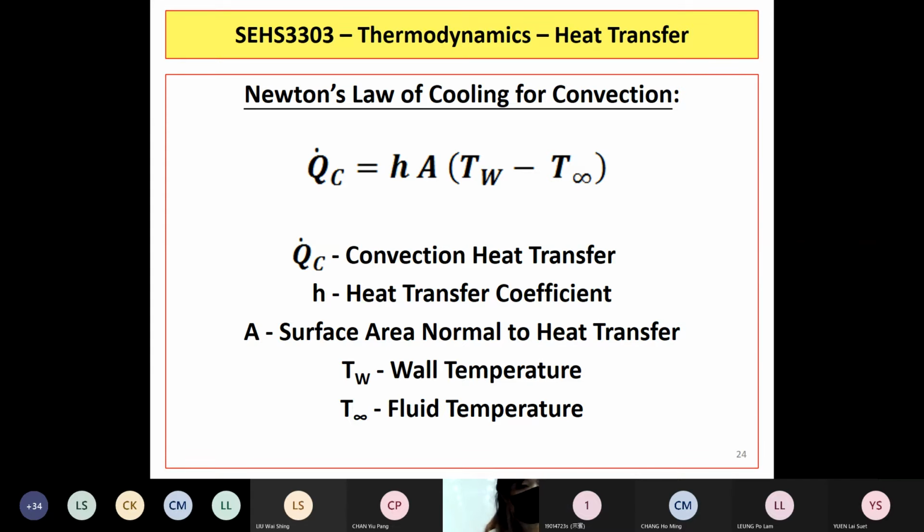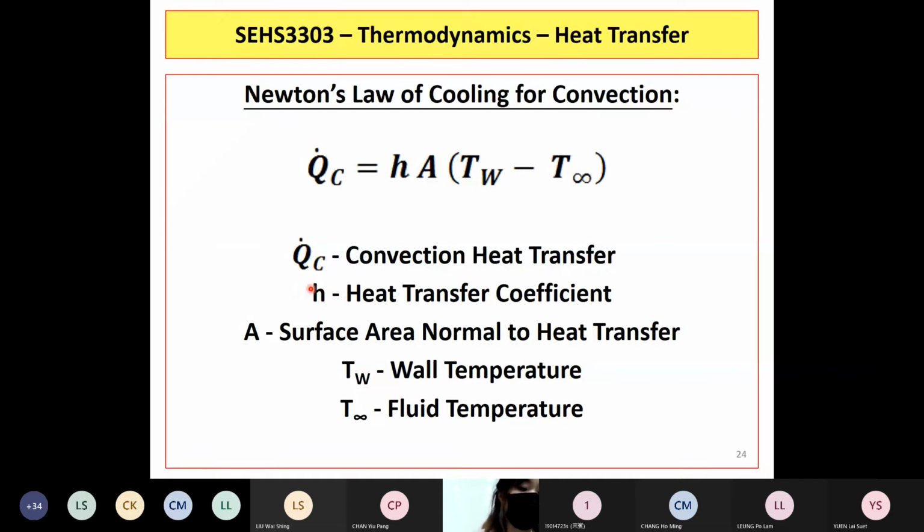So we use Newton's law of cooling to calculate the convective heat transfer. That is, the convection heat transfer equals the heat transfer coefficient times the surface area, which is normal to the heat transfer, times the difference of the wall temperature and the fluid temperature. This is the basic equation to calculate convection.